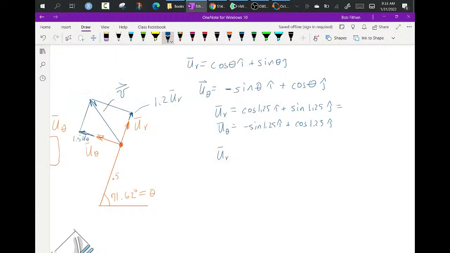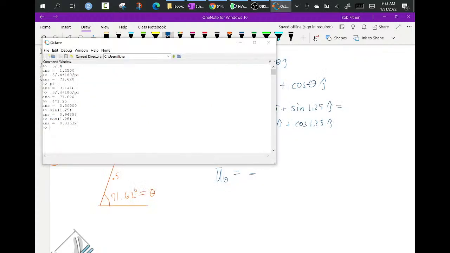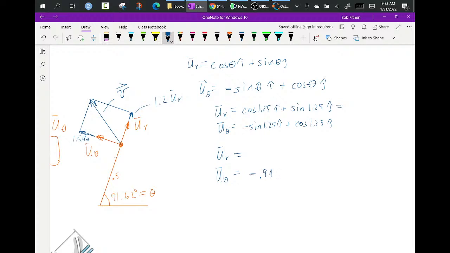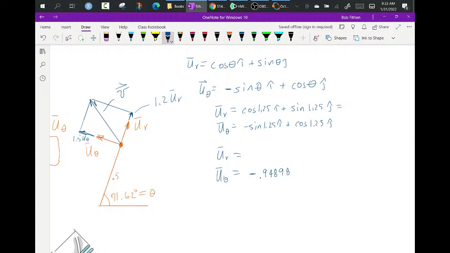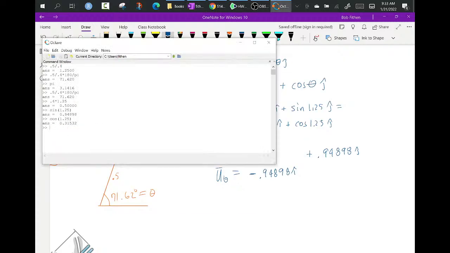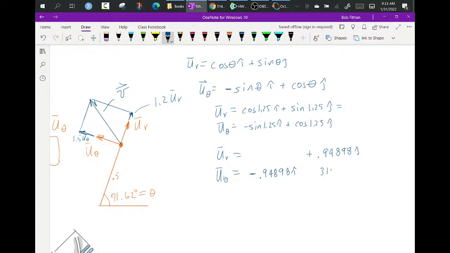Let's do the sines first. 0.948, 0.31532. And we're going to see if this makes sense to us.